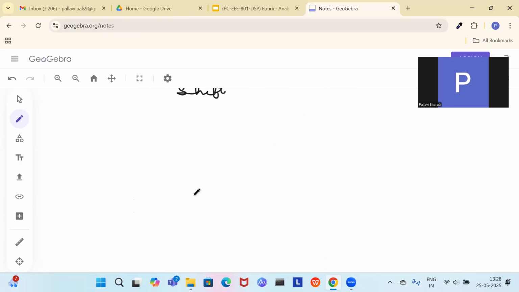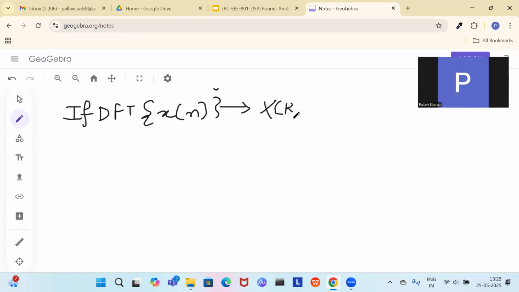Now how to do the proof for this? What is the statement of this? Let us first see that. It is written as: if the DFT of x n is given as X k, then the DFT of x of n minus m modulo N. Why this modulo N?